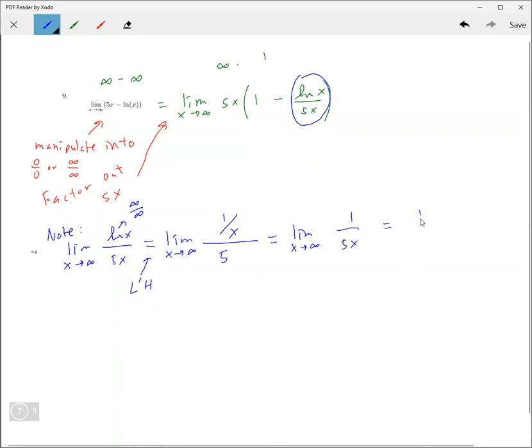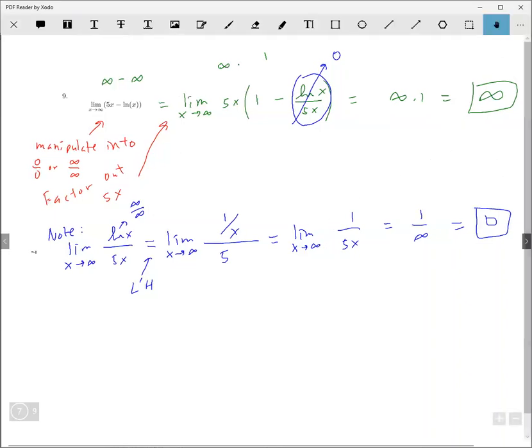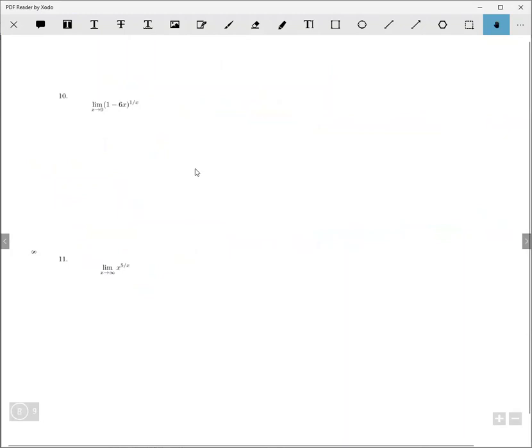And so here you have 1 over infinity, that's going to be 0. So that goes to 0, which means that you've got infinity times 1, which will be infinity, will be the limit. So hopefully you can get that one. Okay, number 10.